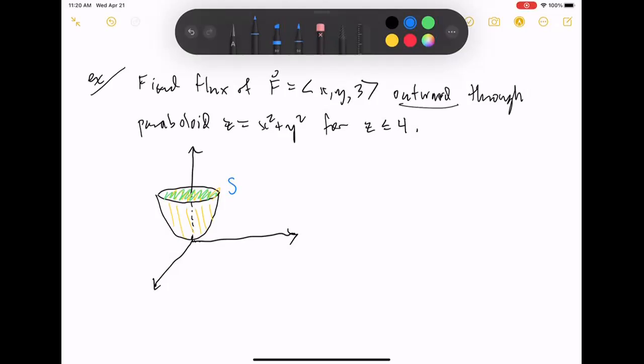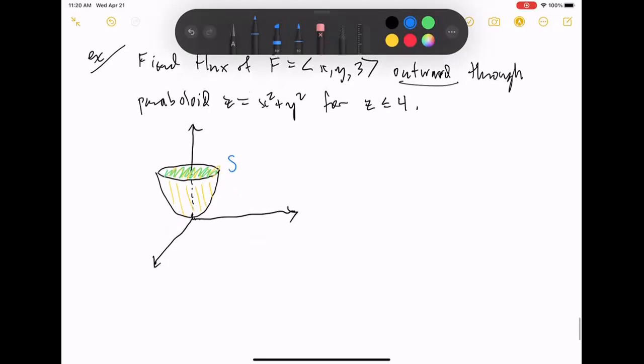So that's interesting. What do you think we would have to do to compute this thing? If I want the outward flux through this paraboloid, actually, let's not worry about, hang on a second, I want to delete that. I just want the surface itself.